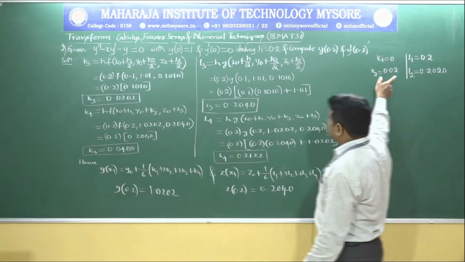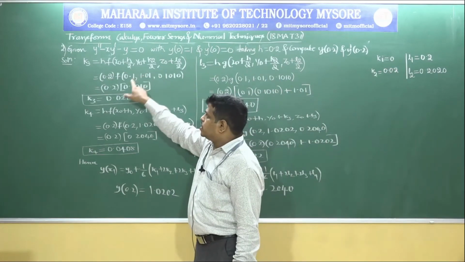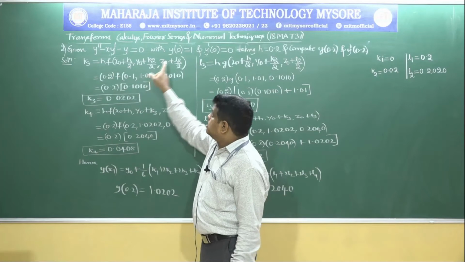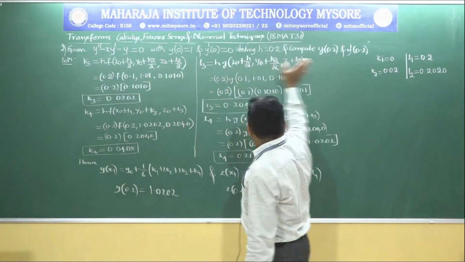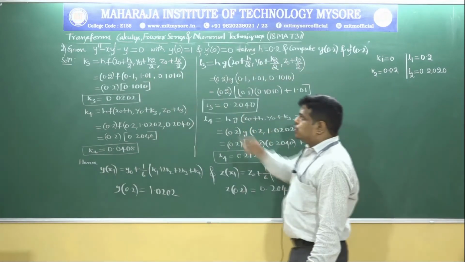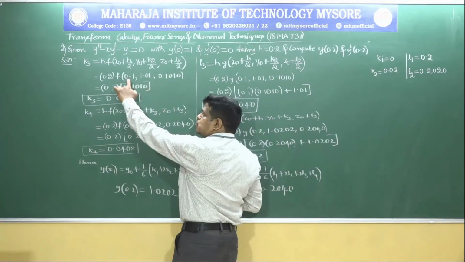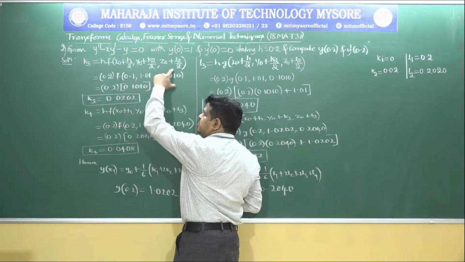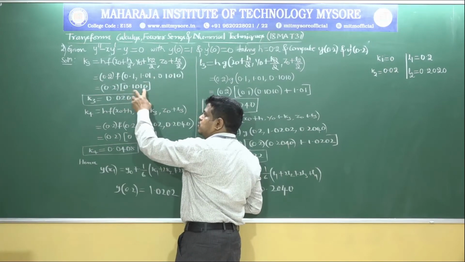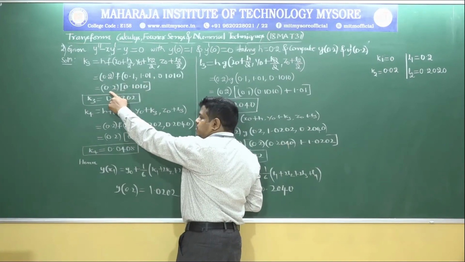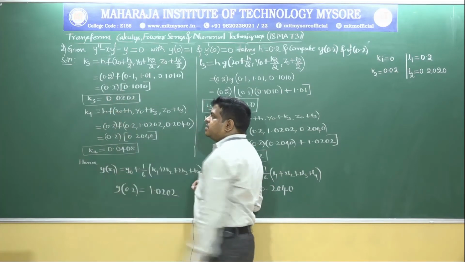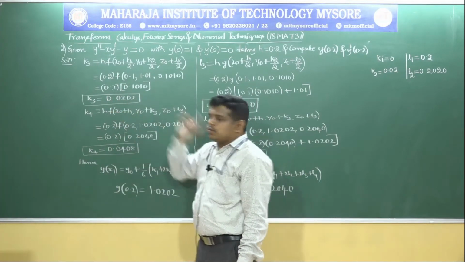Here k2 is 0.02. 0.02 divided by 2 plus 1, we end up with 1.01. Next, z naught plus L2 by 2. Here L2 value is 0.2020 divided by 2, we get 0.1010. Since f of x comma y comma z is z, z value is 0.1010. Multiplying this with value of h, we get K3 as 0.0202.